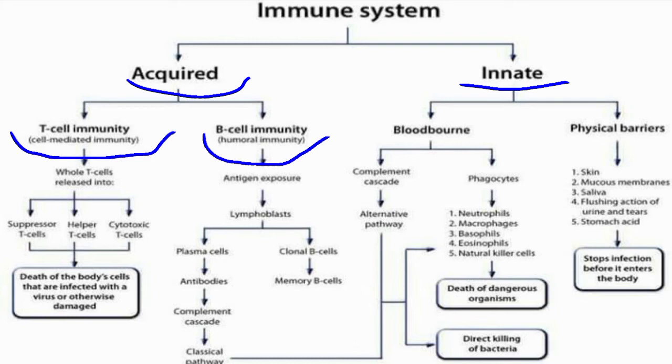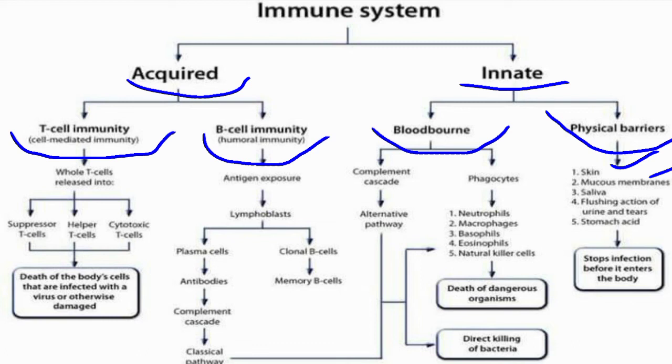You have the blood-borne immunity and the physical barrier immunity. On the physical barrier immunity, you see things like the skin, the mucous membrane, the saliva, the flushing action of urine and tears. I told you, see that word, flushing action. The flushing action helps to clean your eyes. That is for the tears of the eye.